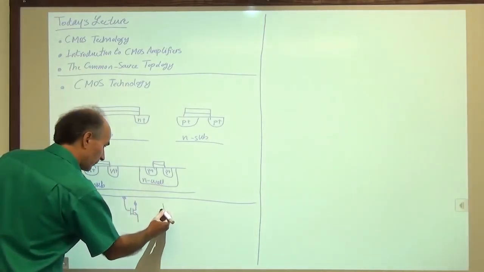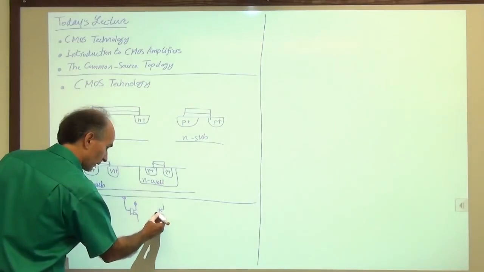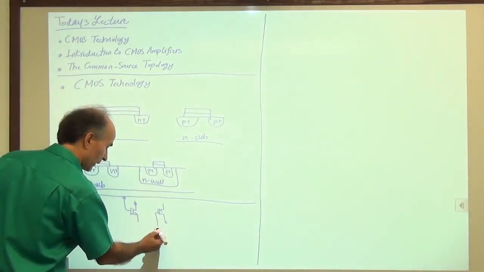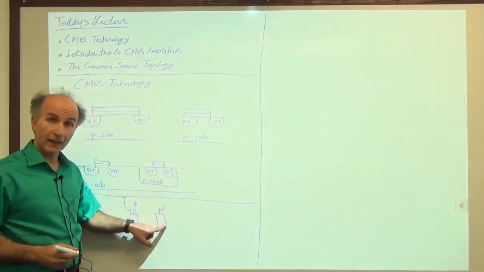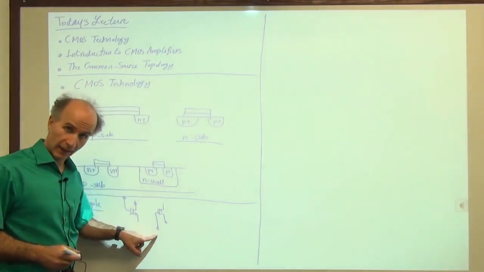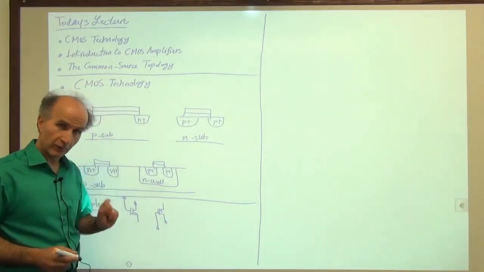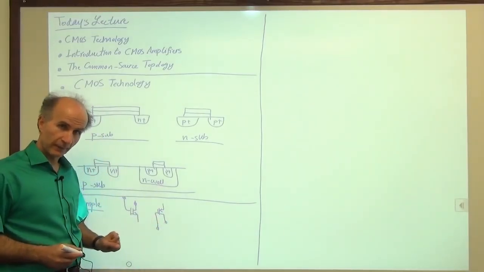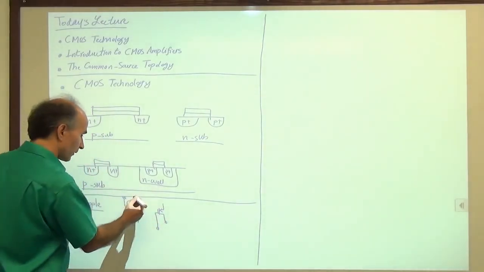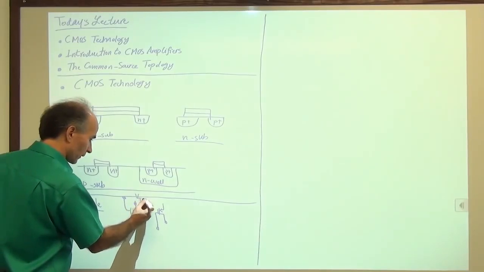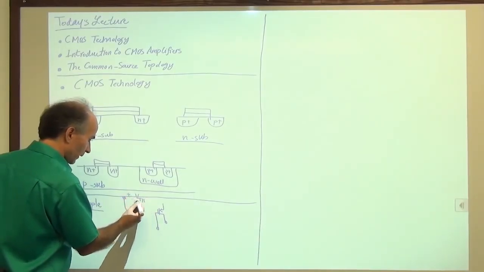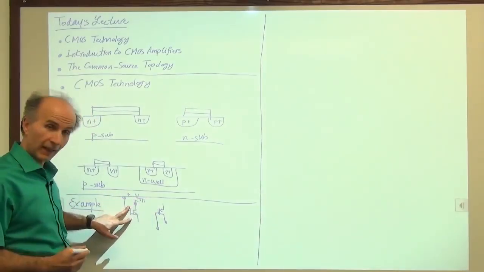For a PMOS device, if we draw it like this, doesn't matter, we can draw it that way, we said that the drain cannot be higher than the gate by more than one threshold, one absolute value of threshold of this PMOS device. So the edge is always determined by the threshold voltage. If this difference is one threshold, we are at the edge.